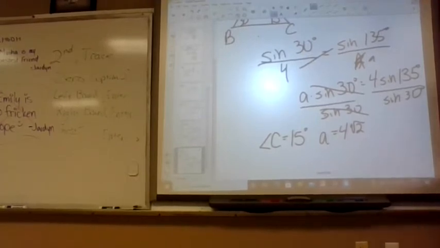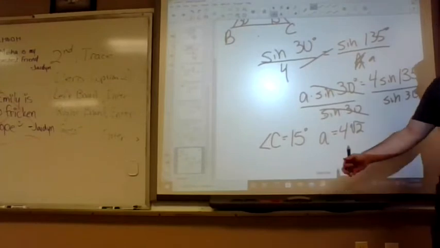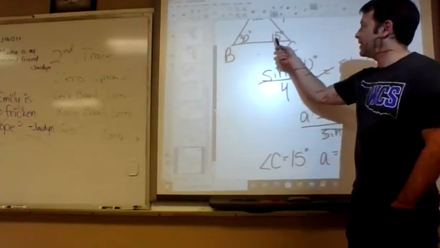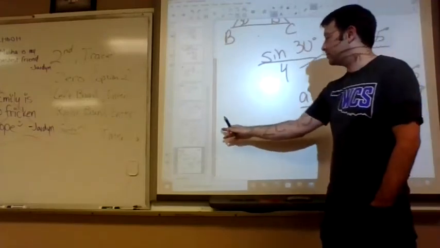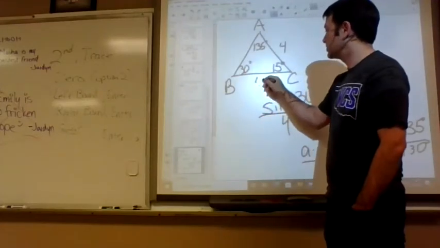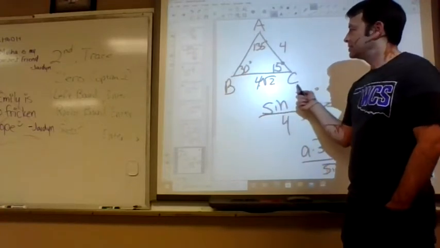They give you 2 angles and a side on this problem, so you have 3 answers left. We figured out angle C was 15, that's one of the answers. We figured out side A was 4 square root of 2, that's the second answer. And now we're missing side C.